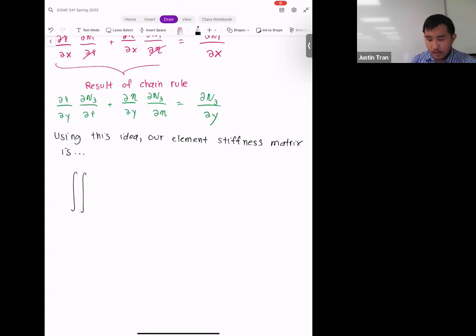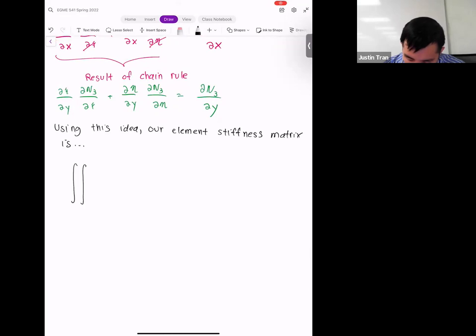The first thing we have to evaluate is the gradient of W. I know we have W1, W2, W3, W4, but because those belong to the weighting function, we don't really care about them, so we're just going to leave them out. And so what we have is the following.